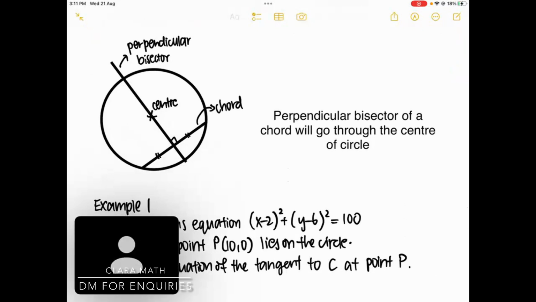The perpendicular bisector of that chord will run through the center of the circle, because it's symmetrical. From the chord, you draw a right angle bisector line up, then you'll get the center.